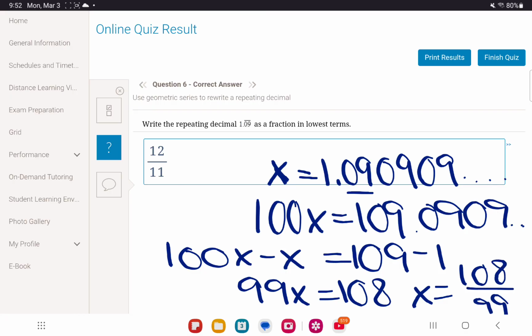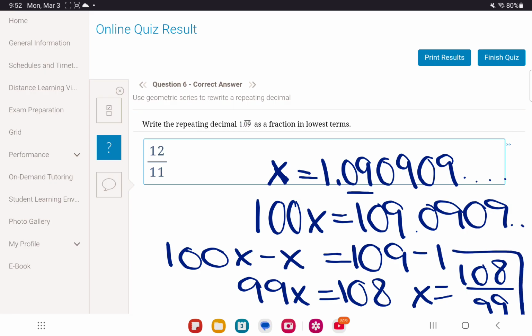To make sure this is in the simplest form, you should always do this, even if you know it isn't, just to make sure, okay? Go on your calculator and put the decimal, okay? And then it will show you if it's in the simplest form or not. If it gives you the same answer, that means it's in the simplest form. If it gives you another answer, that means that's the answer in the simplest form.